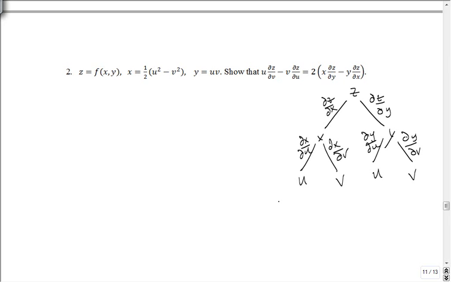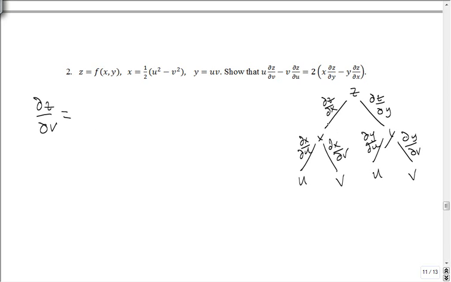Okay, now what we need to find is partial z, partial v and partial z, partial u. So let's do partial z, partial v first. So from the tree, this would be partial z with respect to x.